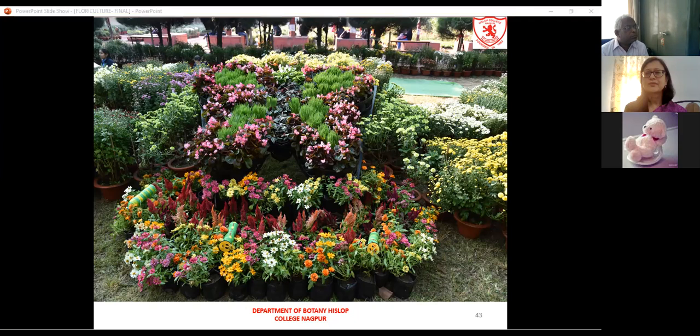We at Hislop concentrate on oyster mushrooms, and training is given to the students, which includes, this is the straw, which will include the substratum for mushroom, that is the straw preparation, then how the straw has to be filled up in the bags, bagging. Then these bags have to be filled up with the spores of mushroom, the seeds.